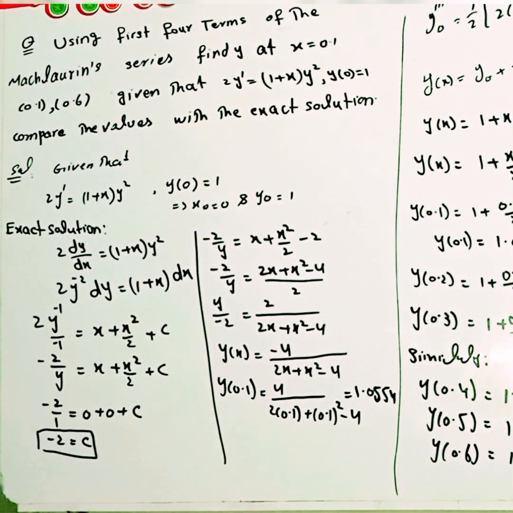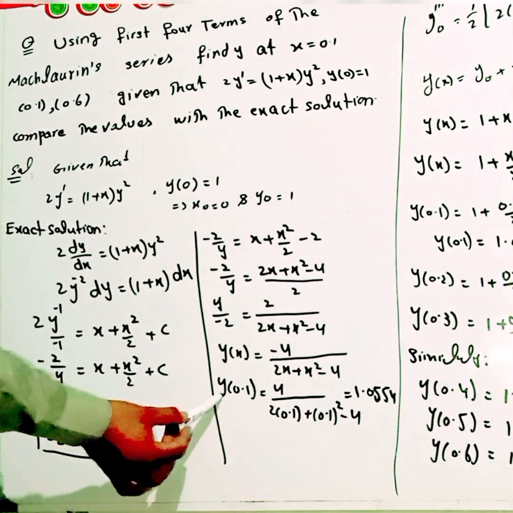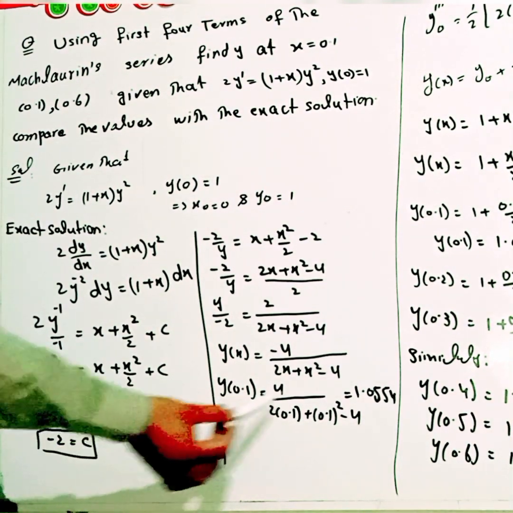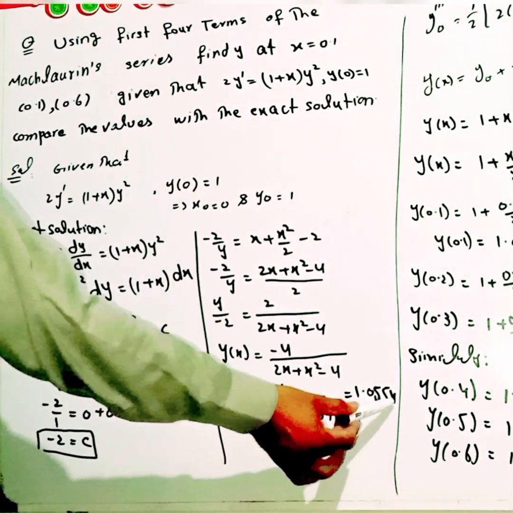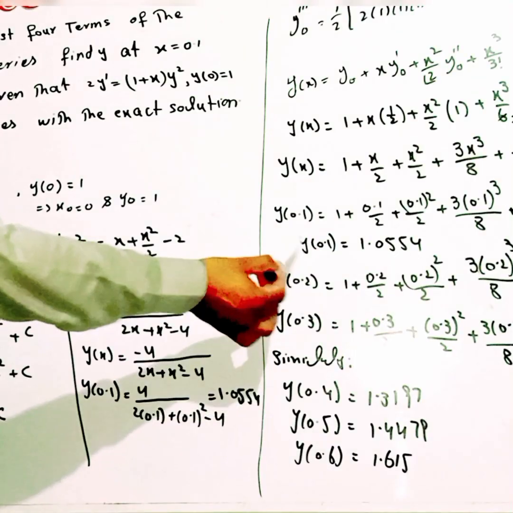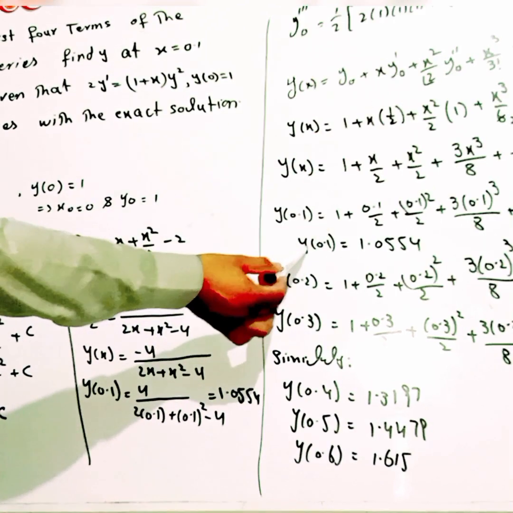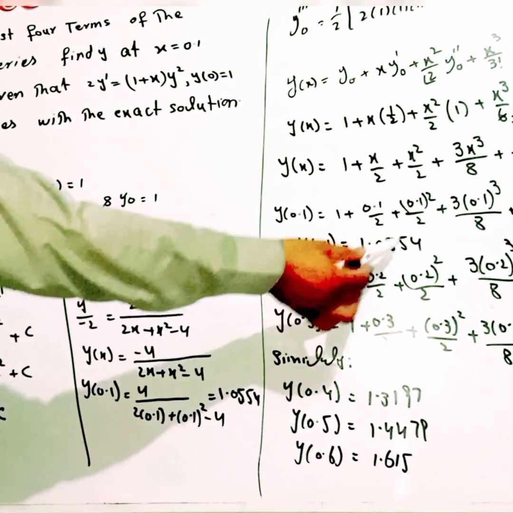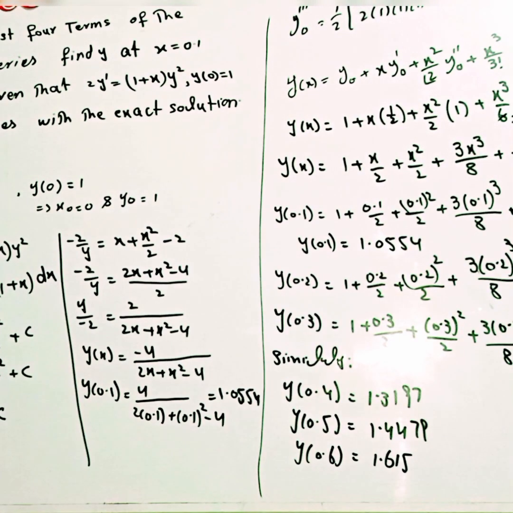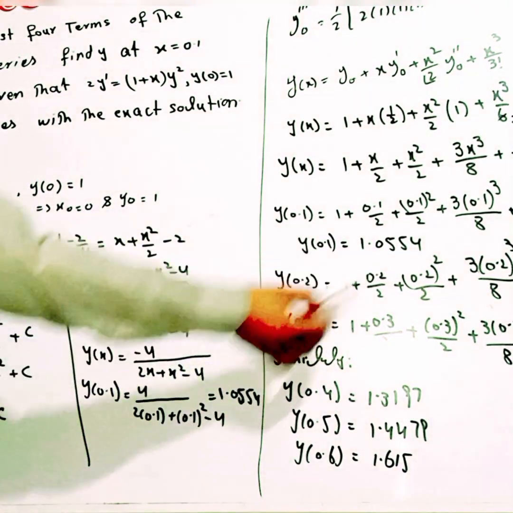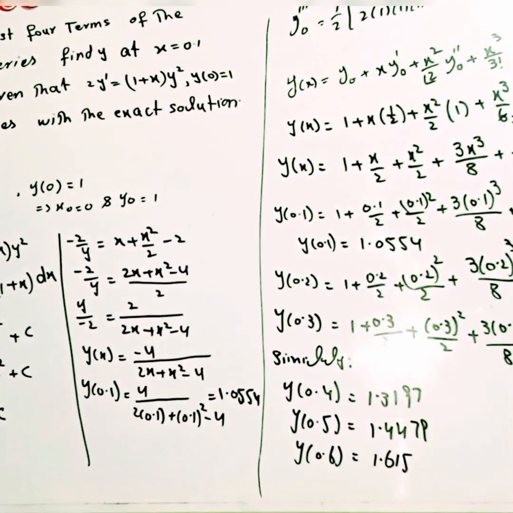We can see that the exact solution of y at x is equal to 0.1 is 1.0554, and the approximate solution by using 4 terms of the Maclaurin series, we obtain y of 0.1 is equal to 1.0554. It means this approximate solution is correct to 4 decimal places.